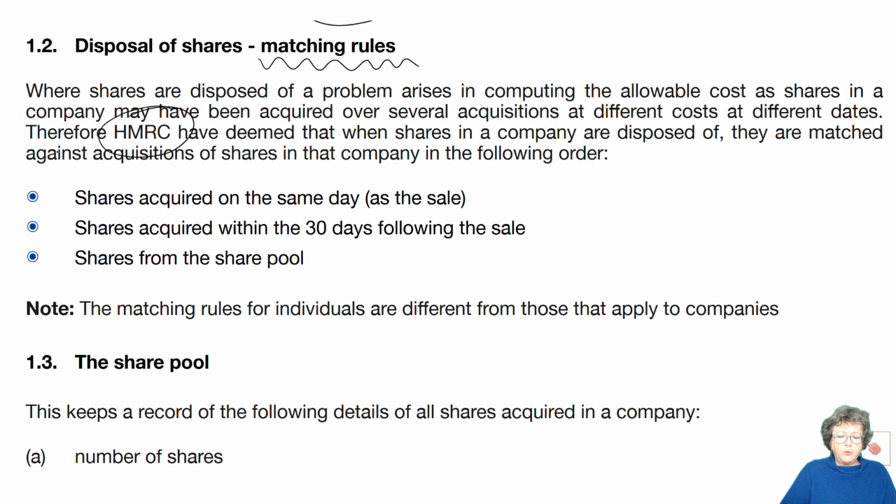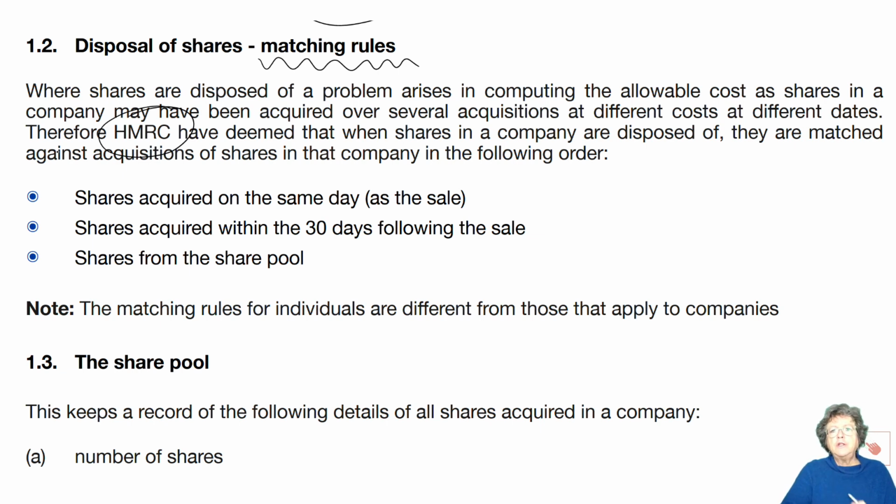And these are the rules. You have a matching against the shares you bought on the same day as the day of sale, shares acquired within 30 days following the sale of those shares, or shares from the share pool. And we're going to deal with each one of those.